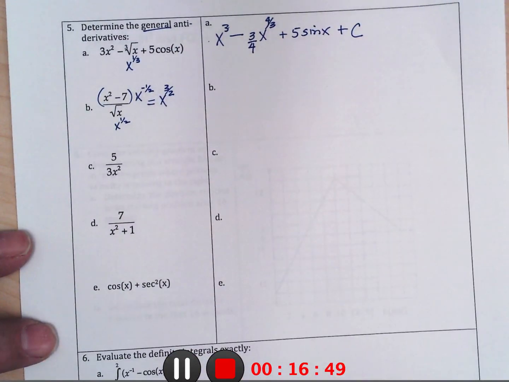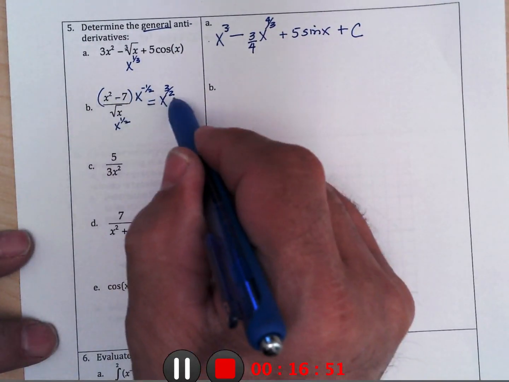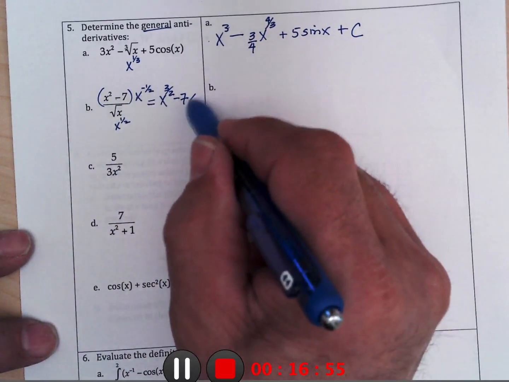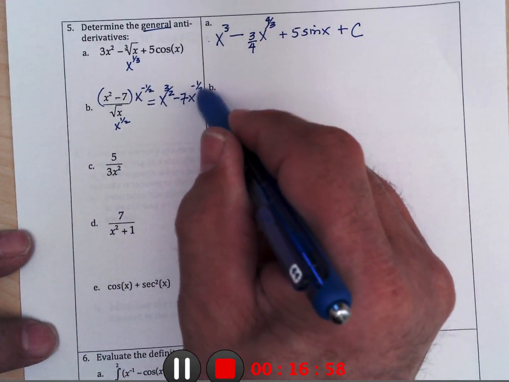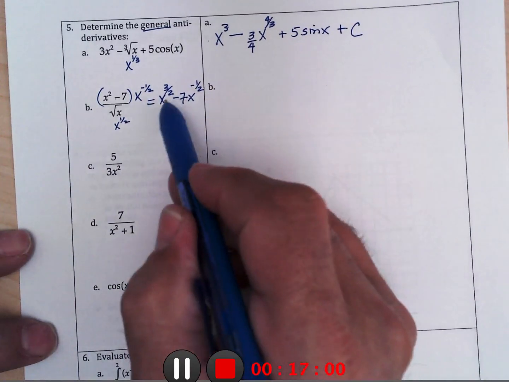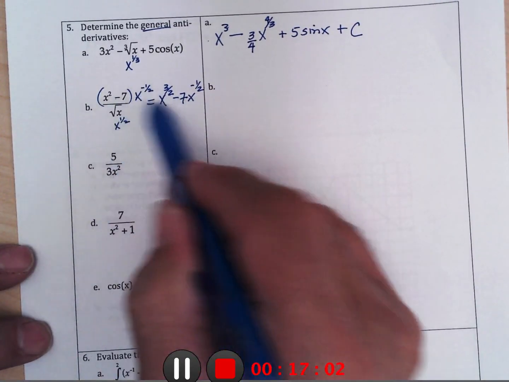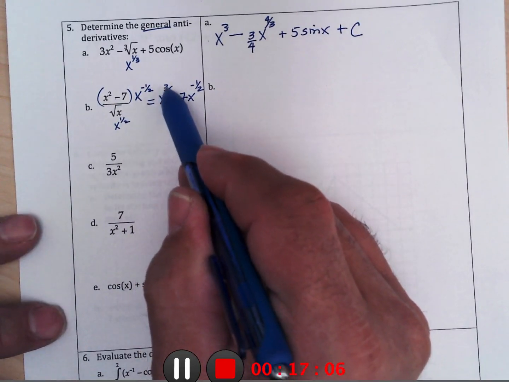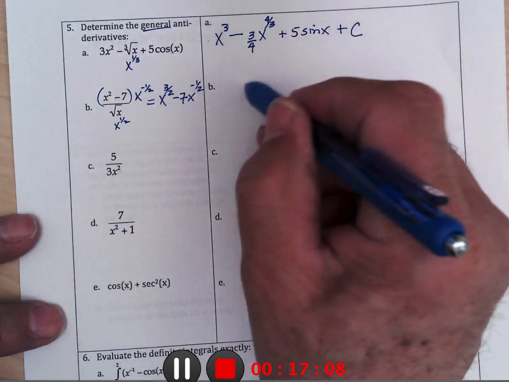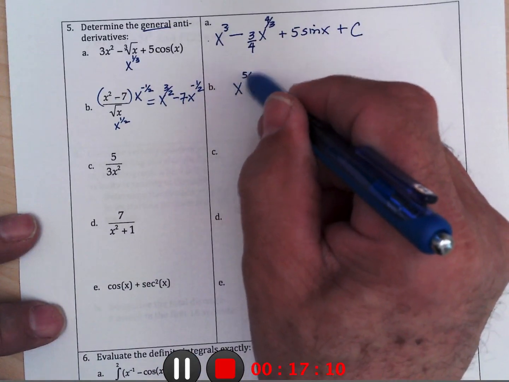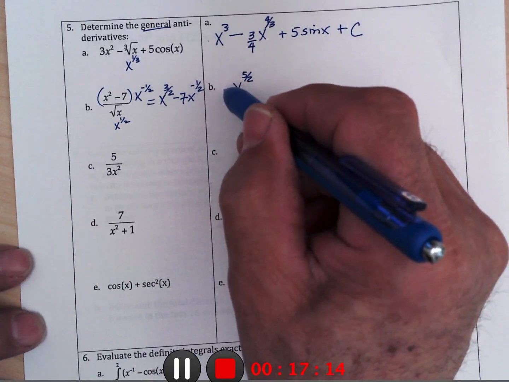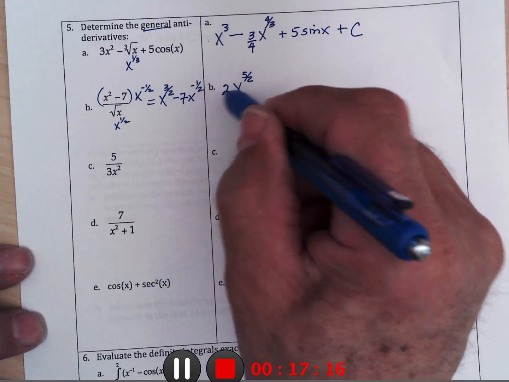Then I have minus 7, and then I have times x to the minus 1/2. Now if I use the power rule, here I've done some algebra to rewrite this. Now I'm going to use the power rule. So if I add 1 to 3/2, I get 5/2. And if I divide by 5/2, that's the same as multiplying by 2/5. So that's for this part.